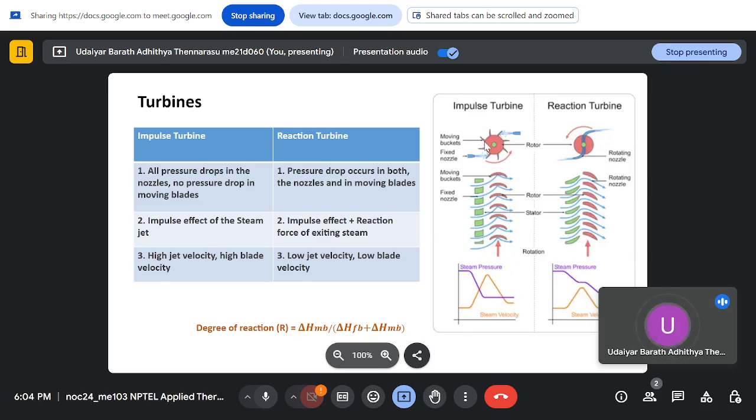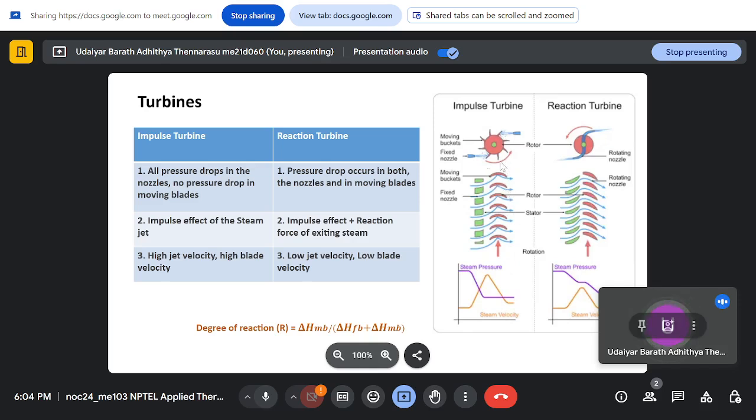It is mounted with moving buckets. A cross section is given below. The green colored portions are the nozzle through which the pressure is converted into high velocity steam. That steam hits the blade, and that impulse is what drives the turbine. Hence it's called an impulse turbine.